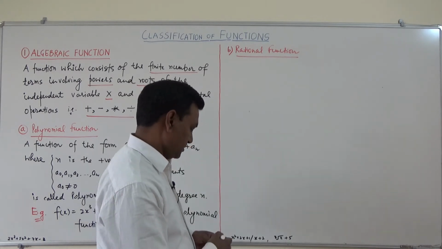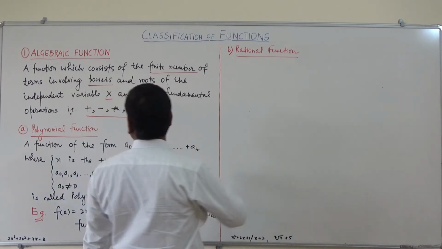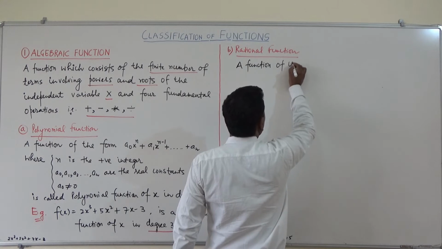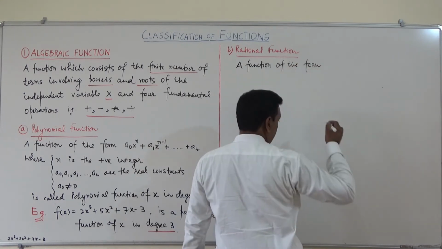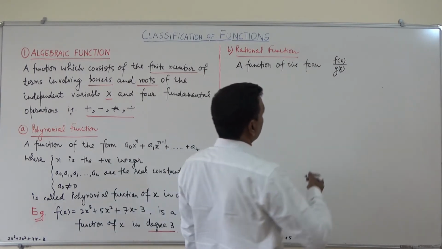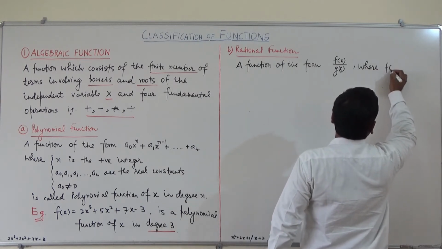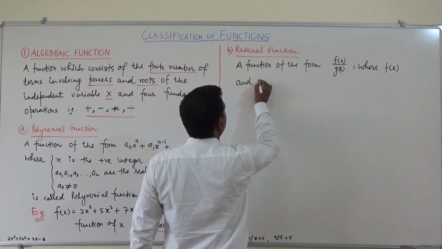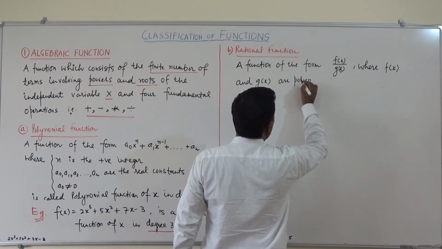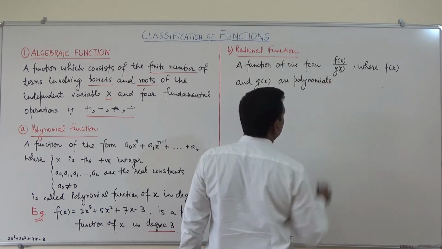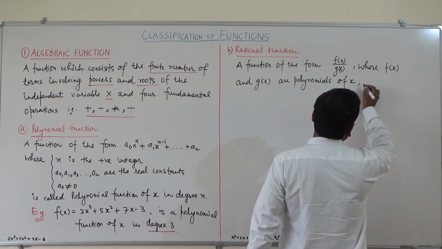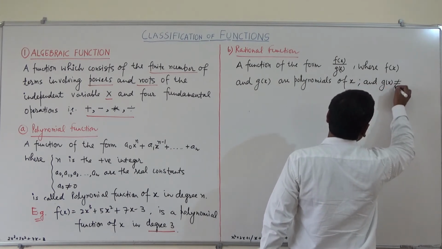So now we can say in case of rational function, a function of the form fx upon gx, where fx and gx both are polynomials of x and gx is not equals to 0.